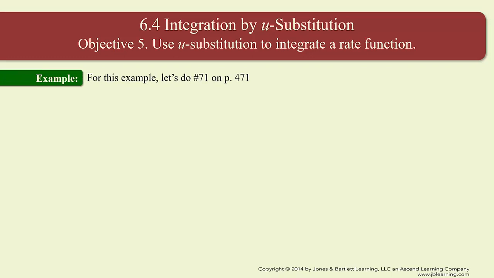So for this example, I thought what we would do is number 71 on page 471. So make sure you have your book, get your book open, page 471, number 71. This is a marginal profit function, and I believe this exercise has 3 parts to it. So we'll do all 3 parts. So I'm heading off to the chalkboard to do number 71 on page 471.